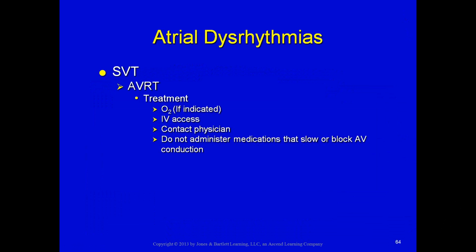Now here what they're saying is that if you believe that what you've got is AV reentrant tach, and the only way you're going to know is with a 12-lead ECG, and you're looking for a slurring or a delta wave, or a non-existent PR interval, or a PR interval less than 0.12 seconds, they don't want you to administer medications like adenosine or calcium channel blockers.